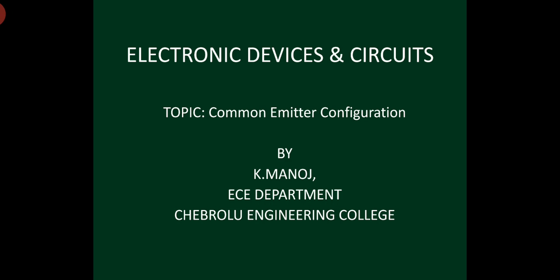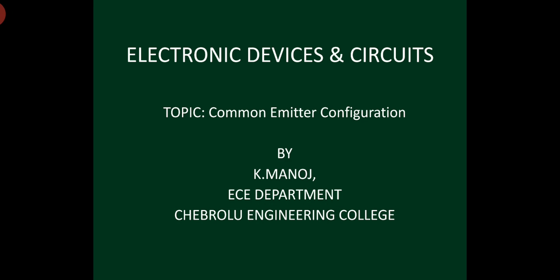By seeing the title, we can say emitter is common in this configuration, right? A transistor has three terminals: emitter, base, collector, and the emitter is common now. In common emitter configuration, emitter is common for both input and output terminals, so that emitter is grounded.